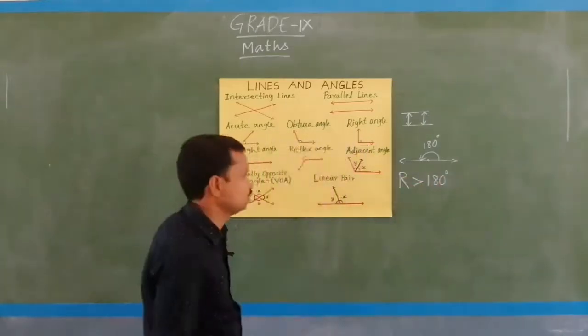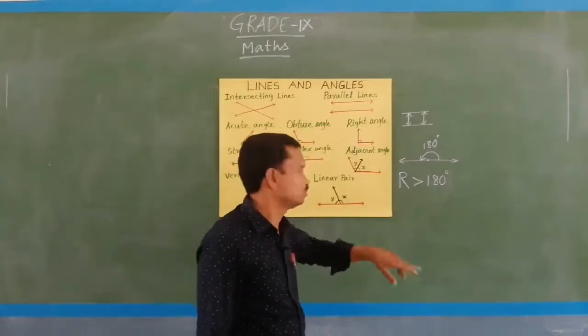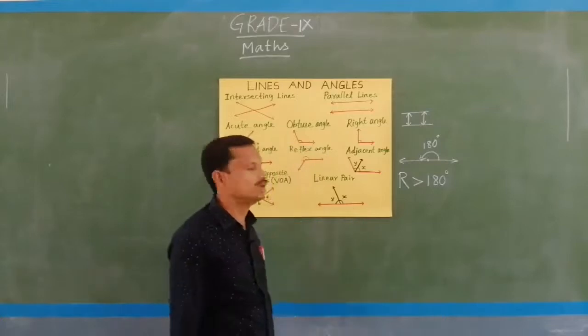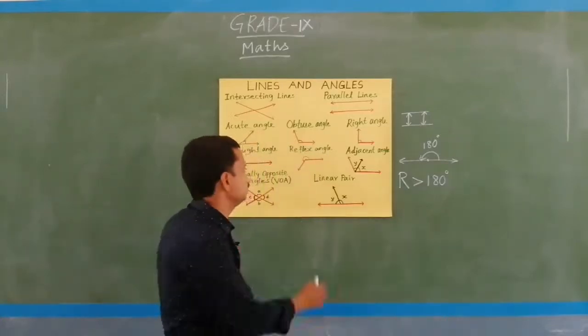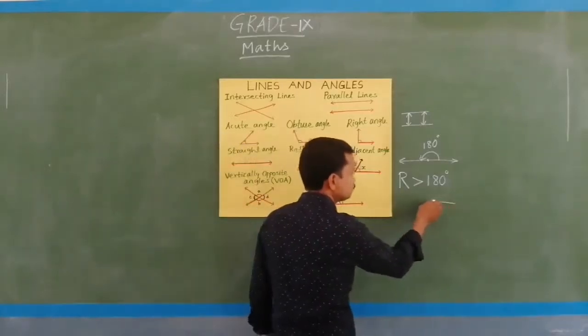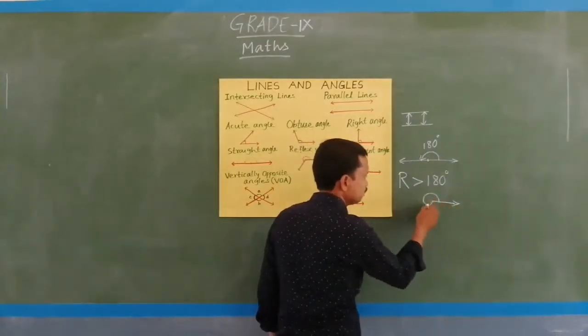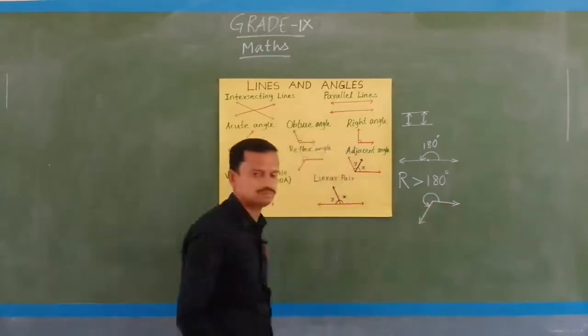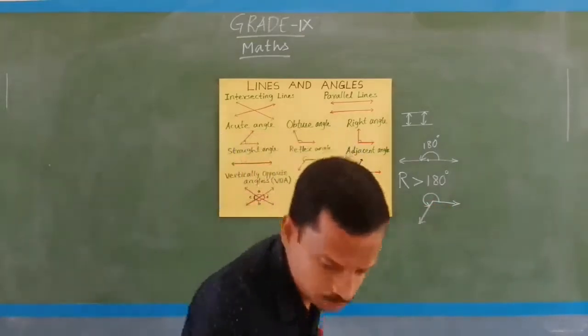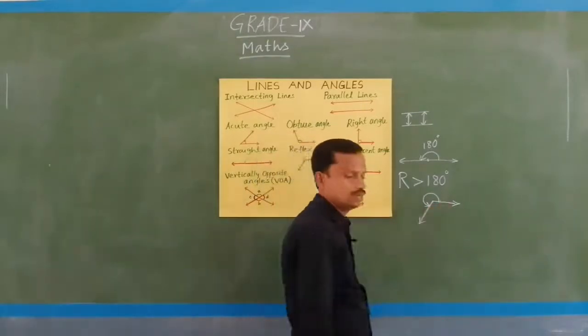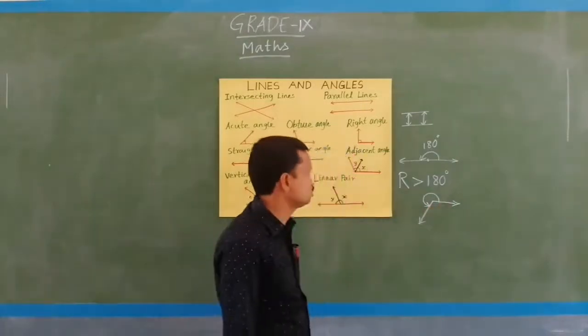A capital R here represents the reflex angle, which is more than 180 degrees. In the picture, if you measure this angle in the counterclockwise direction, it will be more than 180, so that is called a reflex angle.